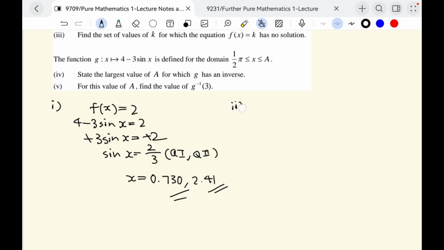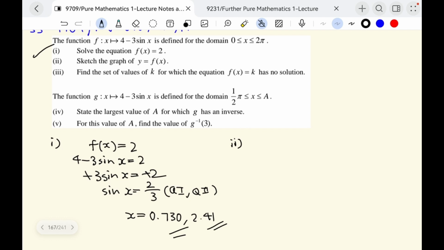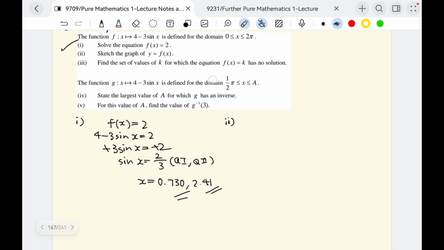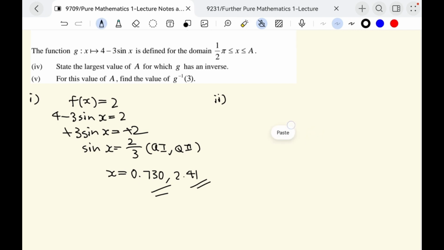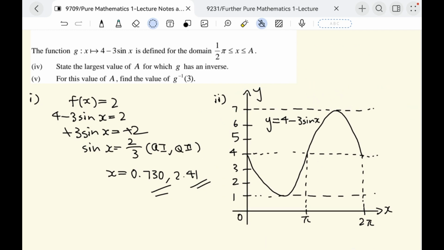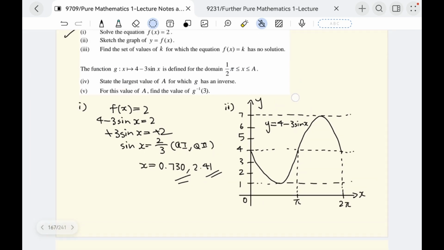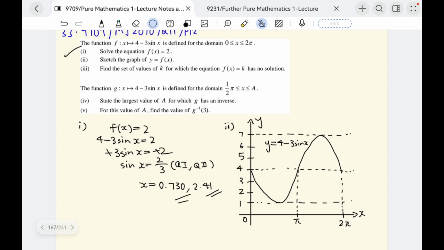Okay, part 2. Sketch the graph of y equals f(x). Actually, I have drawn the graph earlier. There you go. So this is how your graph of f(x) equals 4 minus 3 sin x looks. Following the examiners, negative means the reflection of the sine graph, so you must show that there's a reflection.